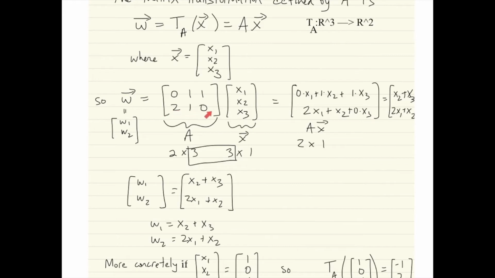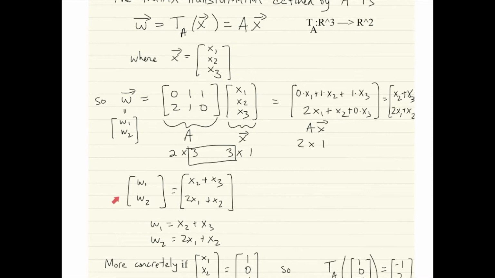So I take row 2 of the first matrix, column 1 of the second matrix, and take their dot product. So 2 times x1, that's here, plus 1 times x2, that's there, and 0 times x3, that's there. And then when I simplify that, I get this. So that's our output, which we denote using W with a vector or W1, W2.